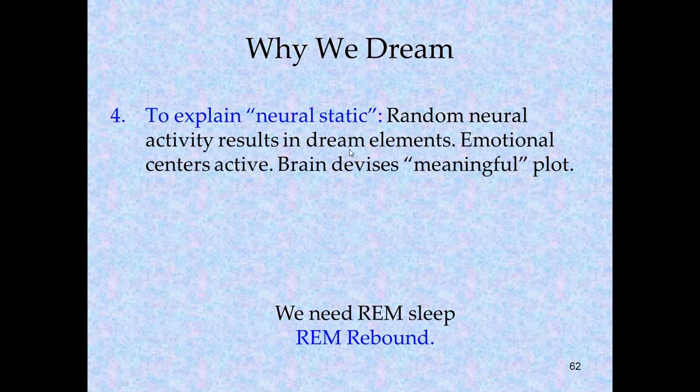And because these things are random, they don't make sense. But our brain is always looking for patterns in our experience, trying to make sense of things. And so what our brain does is fill in to make a meaningful plot out of all of this random material, trying to make sense out of it.